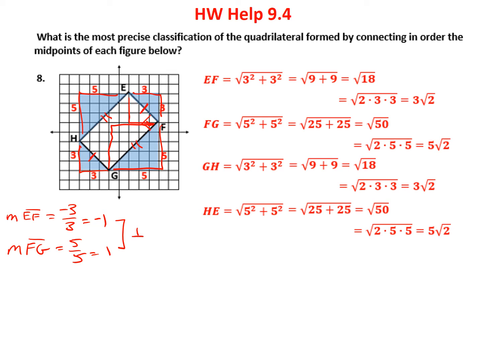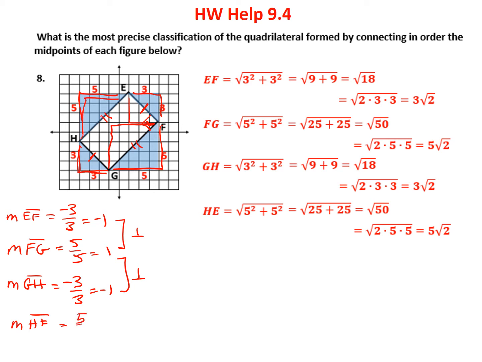So these two are perpendicular. When I go to look at GH, here again, from here it goes down 3 and over 3. So that's minus 1. So these two are perpendicular. And then if I look at the slope of HE, that is up 5 and over 5.